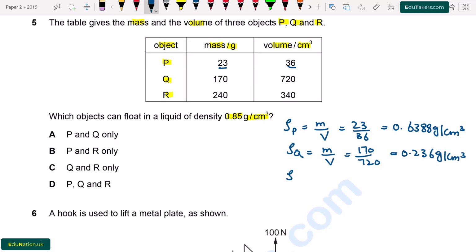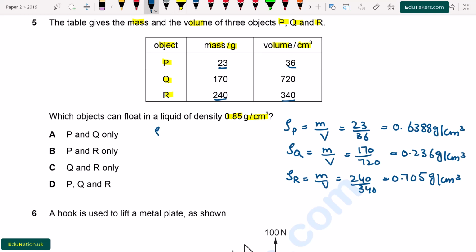The density of the object R: for the object R, mass is 240 while the volume is 340. So density will be equal to 0.705 gram per cubic centimeter. Now we see that the densities of the objects P, Q and R are smaller as compared to the density of liquid.